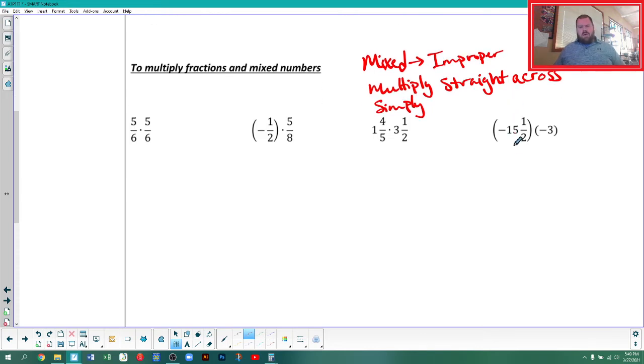It'll just happen more. So I don't have any mixed numbers. Okay, multiply straight across. 5 times 5, 25. 6 times 6, 36. Done. Multiplying fractions is really what we wish adding and subtracting looked like. Just turns out that this is just easier. There's no real way around that.